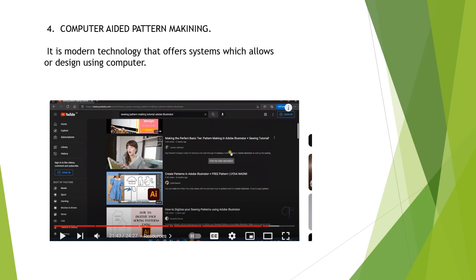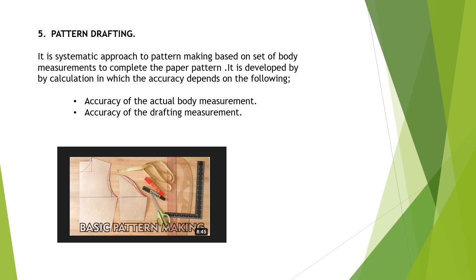Let us look at the last one, which is pattern drafting. Pattern drafting is the one which is mostly used in our class. That's what we do. This is the process whereby you get the design that you want. You interpret the design. Then after that, you take the measurement of the design that you want.